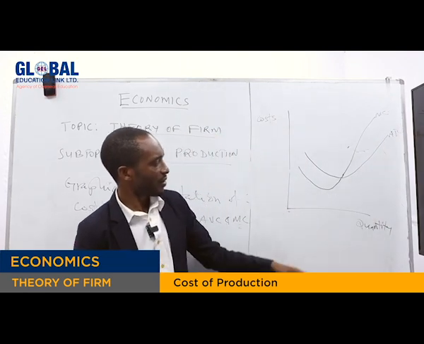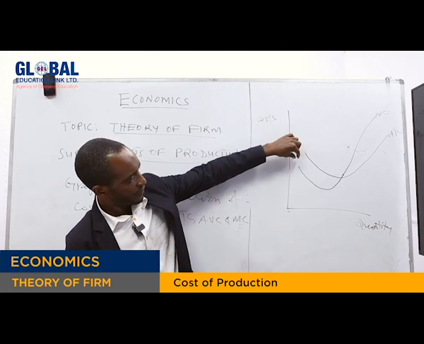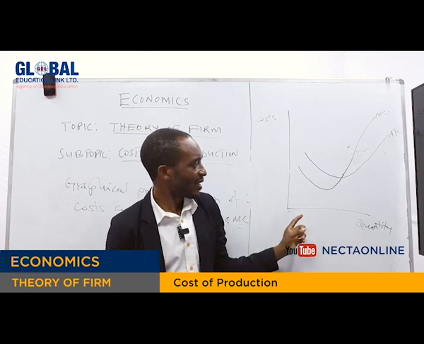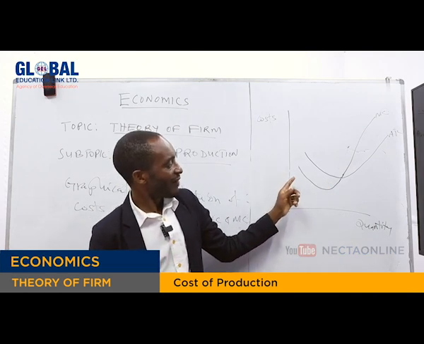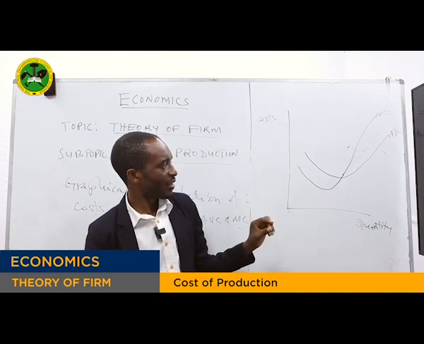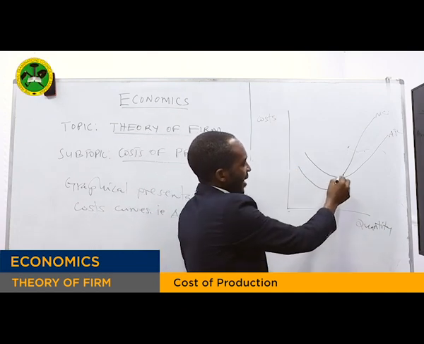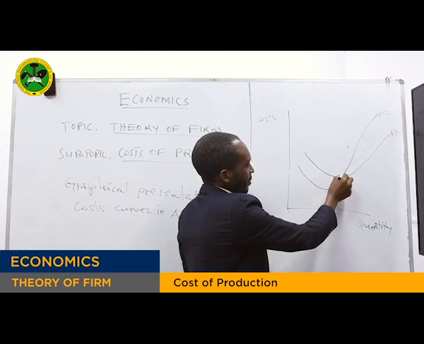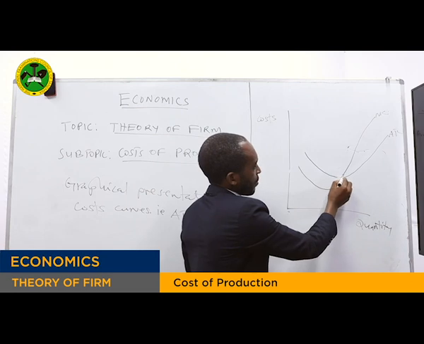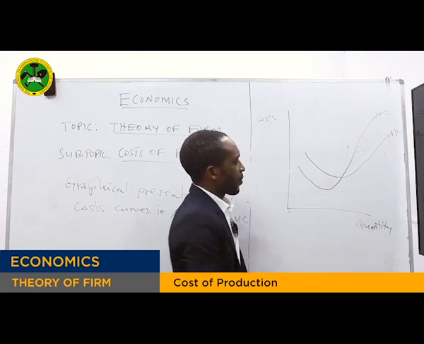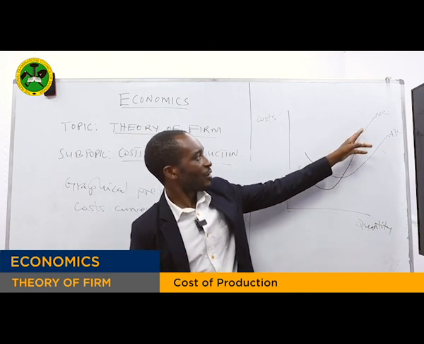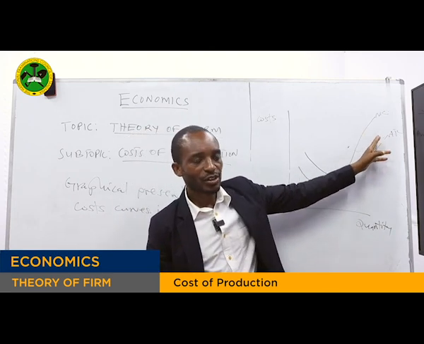When average total cost is declining, the average total cost is above while the marginal cost is below. When the average total cost is at a minimum, the marginal cost is equal to average total cost.